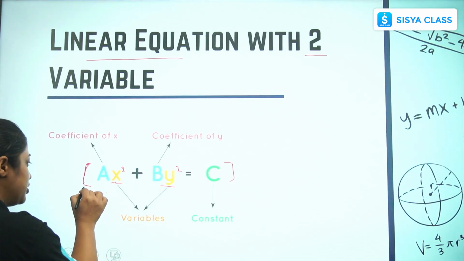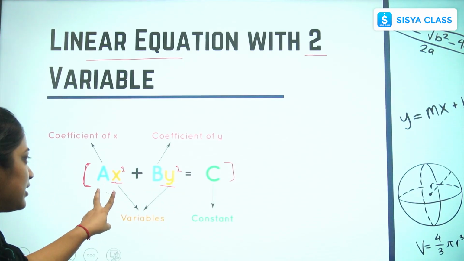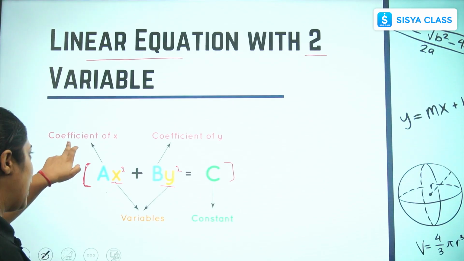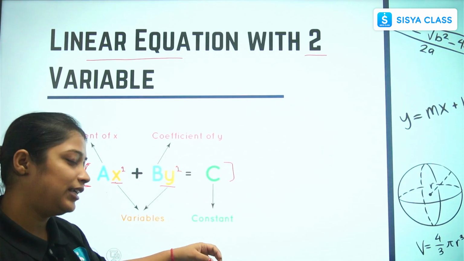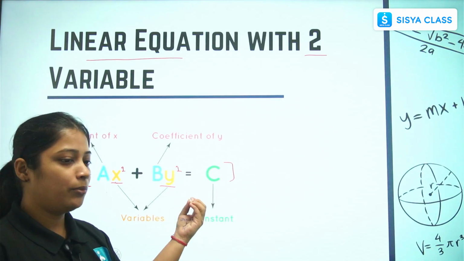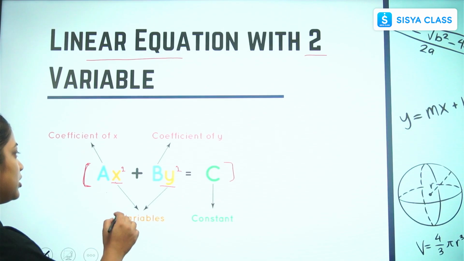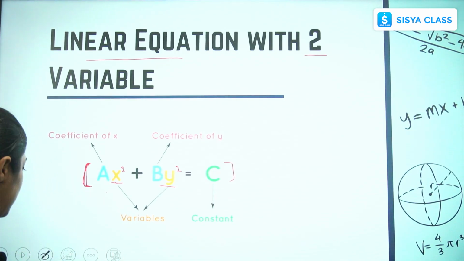So this is in general form of any linear equation in two variable, that is ax plus by equal to c, where we call this a as coefficient of x, b as coefficient of y, and c is any constant. So it can be 2, 3, 4, 5 or any real number. Okay. So this is a general form of linear equation in two variables.